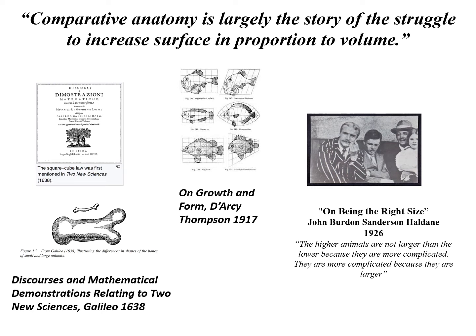I've put an illustration here from one of his publications. What he pointed out was that you can take the same bone out of two different animals that have different body mass, and they don't just change in size. One bone isn't just larger than the other, but they change in shape.